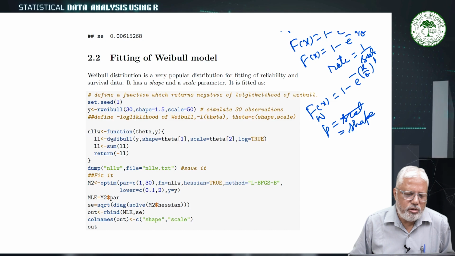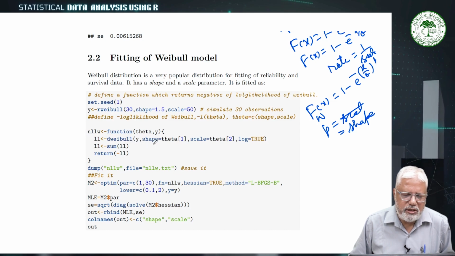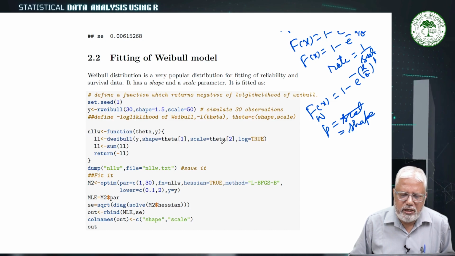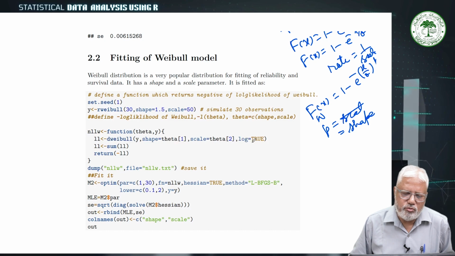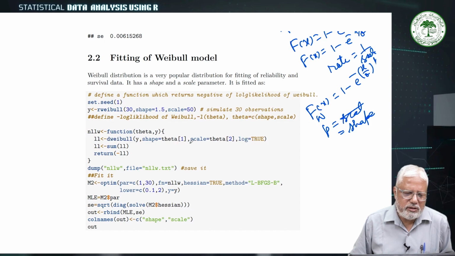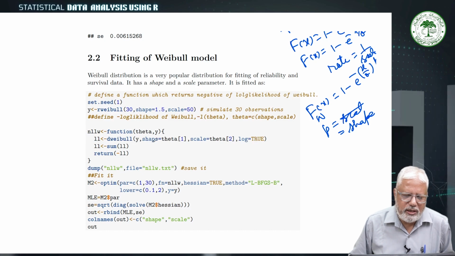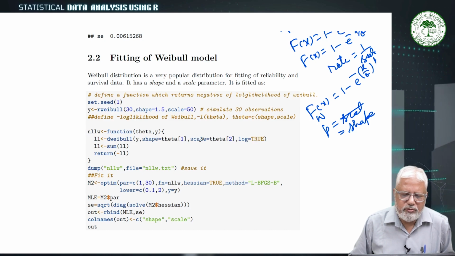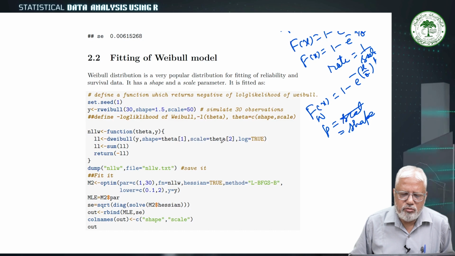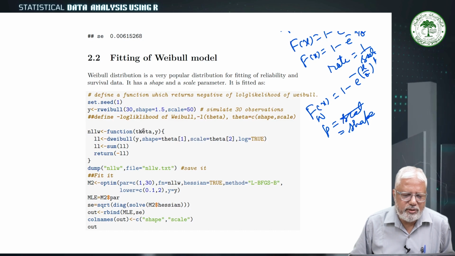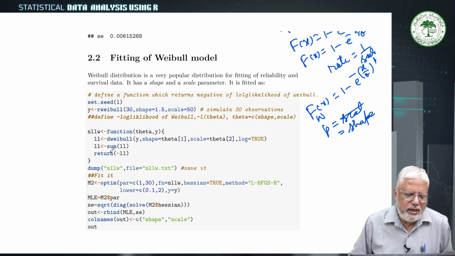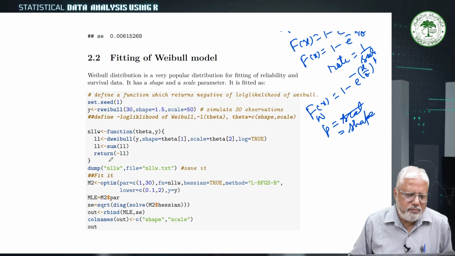Then LL is equal to dweibull, y, shape is equal to theta 1, scale is equal to theta 2, log is equal to true. Here it computes the value of the log likelihood at each data point y, with shape equal to theta 1 and scale equal to theta 2, because we have defined it in terms of theta. So log LL is equal to sum of LL, and we return minus LL.